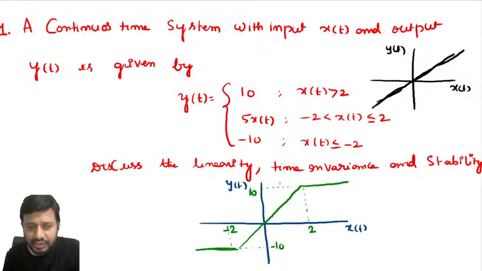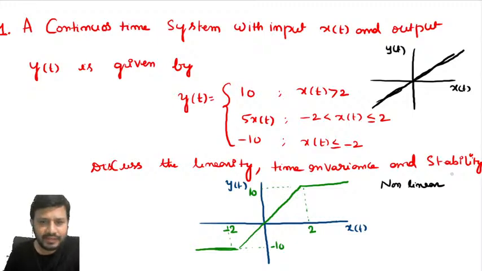But if you observe, it is a straight line passing through the origin, but after 2 it is not linear, right? Now how to verify whether this is linear or non-linear? I can simply say that this is non-linear, my dear students. Sir, how are you going to say that this is non-linear from the input output characteristics?